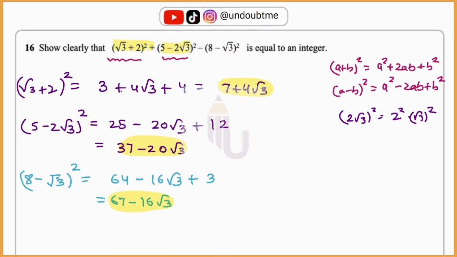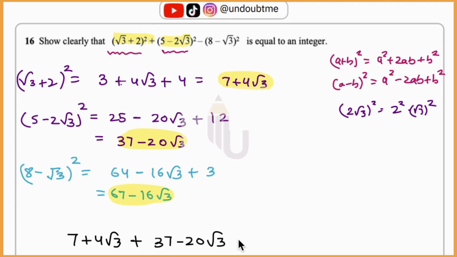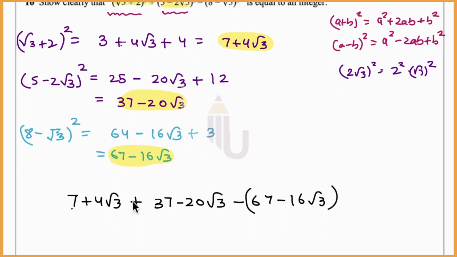Okay, so first it will be 7 plus 4 root 3 plus 37 minus 20 root 3 minus 67 minus 16 root 3. 7 plus 37 is 44, plus 4 root 3 minus 20 root 3 will be minus 16 root 3, minus 67 and then plus 16 root 3.